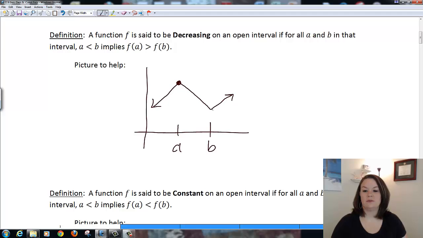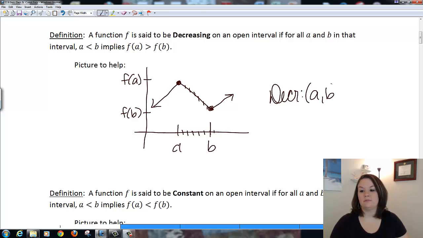So notice up here at A, all my x values between A and B, if I pick any of these, their corresponding y values are getting less and less, which means that f of A is the largest y value, and then they keep decreasing all the way down to f of B, which is the y value for my B point. So this would be a decreasing interval from A to B.